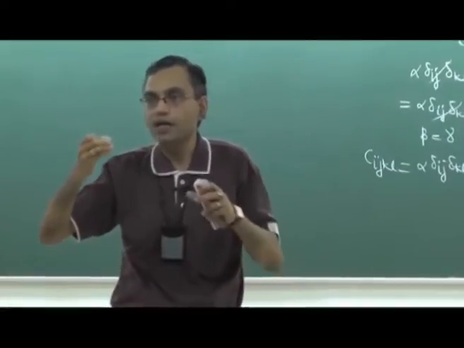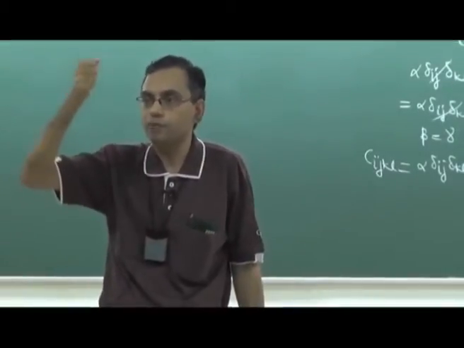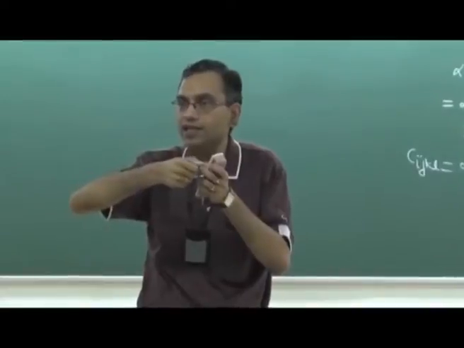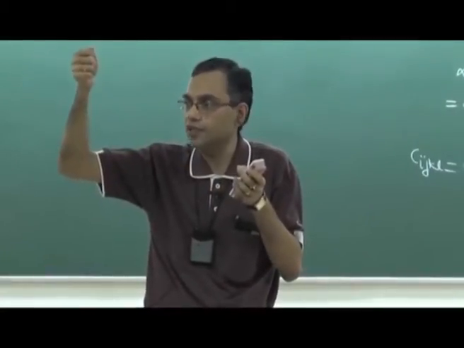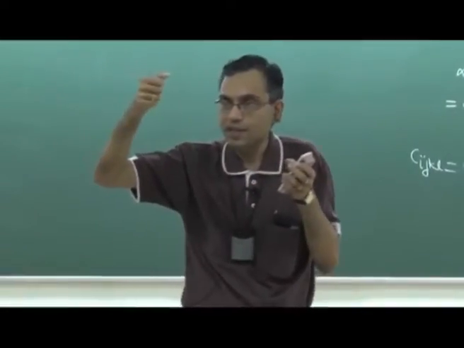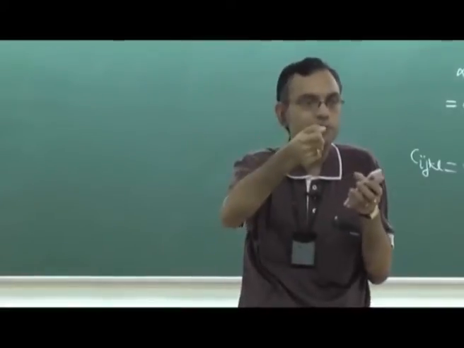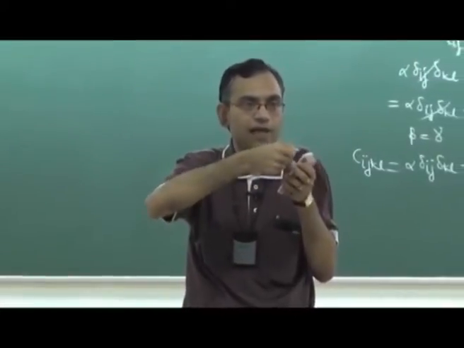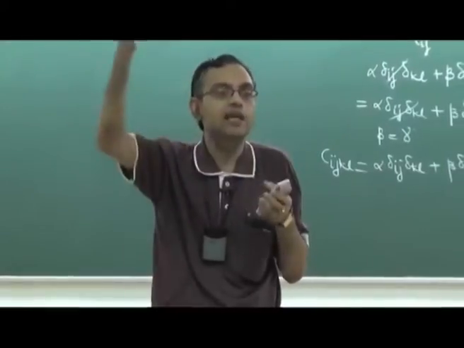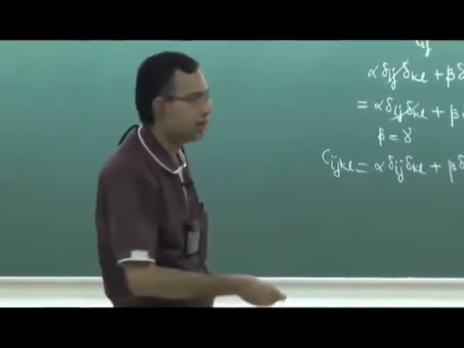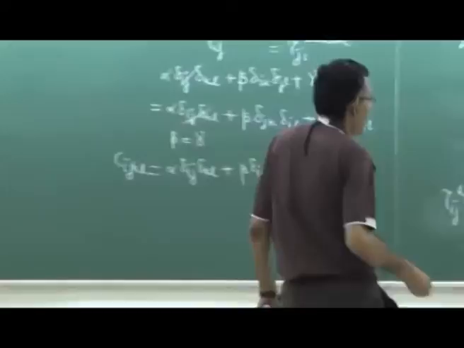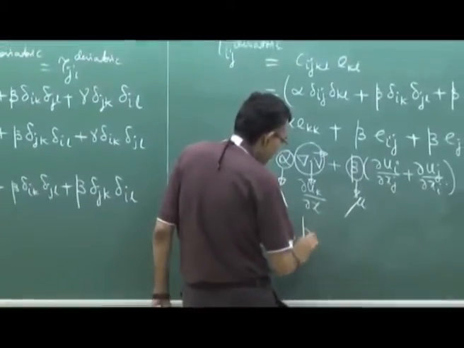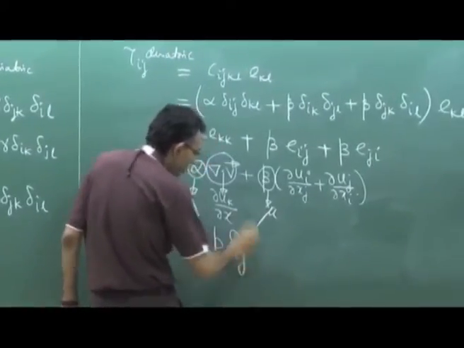Because by nature pressure is compressive, whereas by sign convention we take tensile stress as positive normal stress. So we write this as minus P into delta ij.